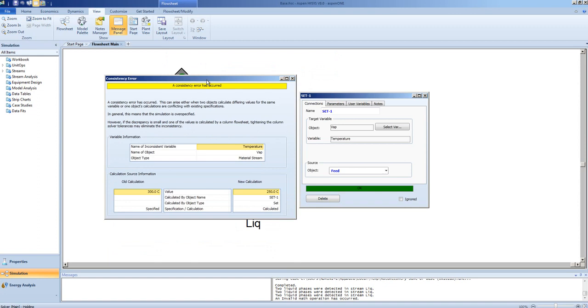This consistency error shows us that the old calculation, the information we set in the vapor stream, is 300 degrees Celsius. And the set block is telling us it should be 250 degrees Celsius. Meaning that we have two sources of information for the same variable. This, of course, Hysys will alert you of and let you know that you have configured your problem incorrectly.